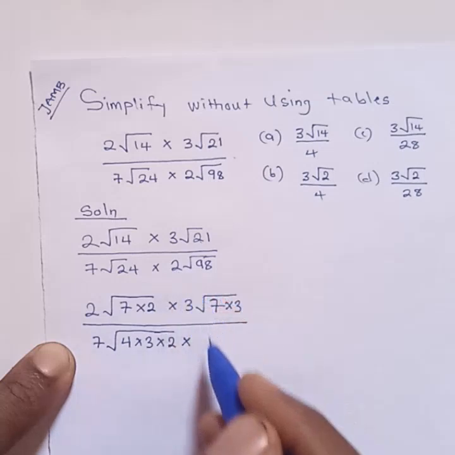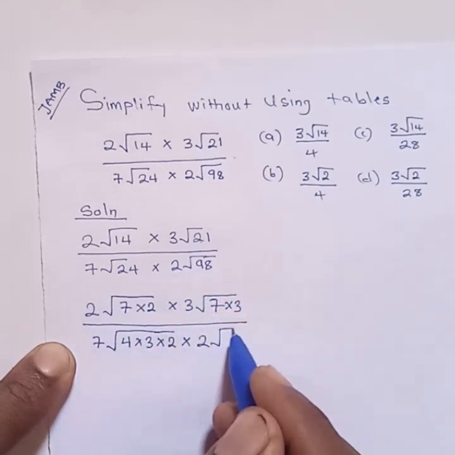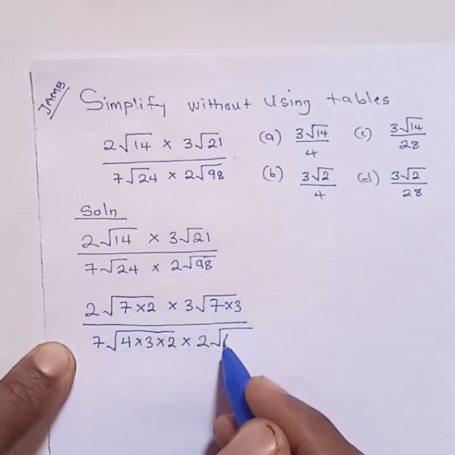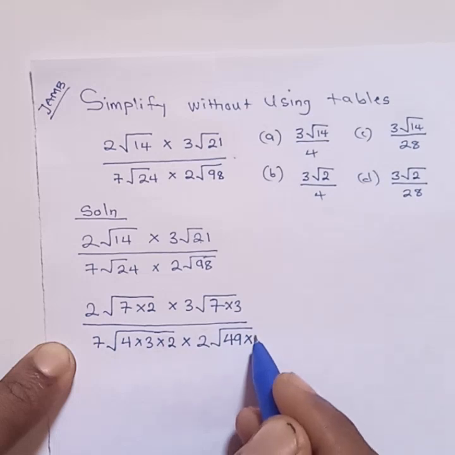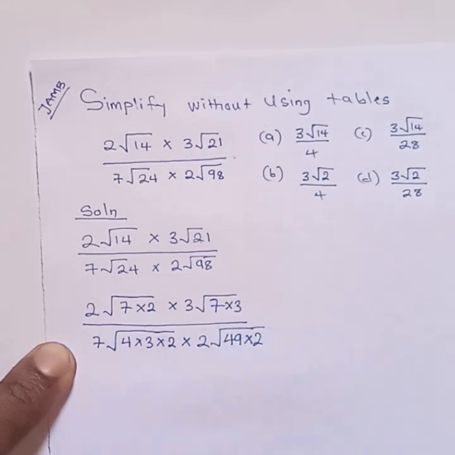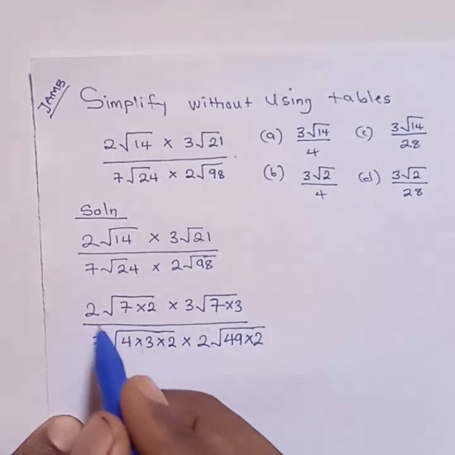Multiplied by 2 square root of 98, which is the same thing as 49 times 2. Good. Now let's separate all of them.